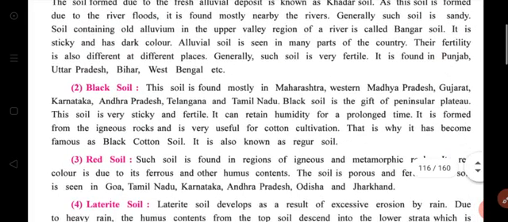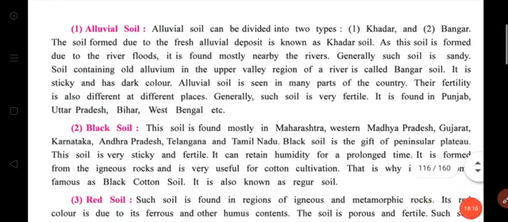In alluvial soil, there are two types: khadar and bangar. Due to fresh alluvial deposit the soil formed is khadar, and due to old alluvial deposit the soil formed is bangar.